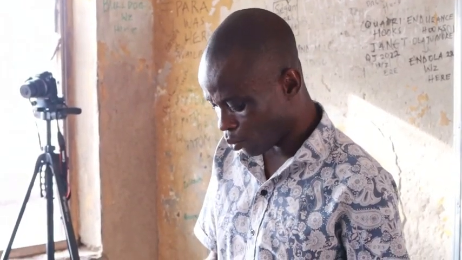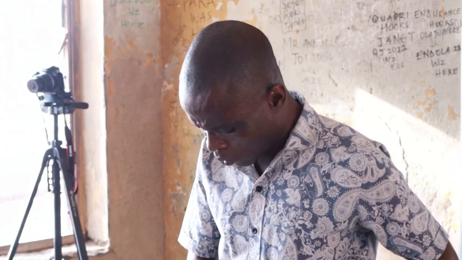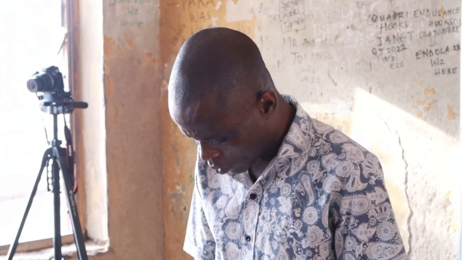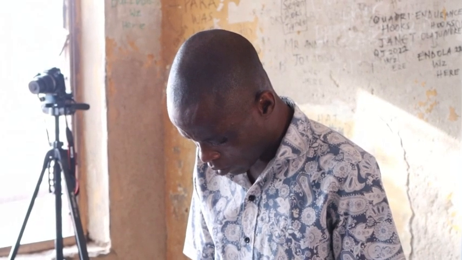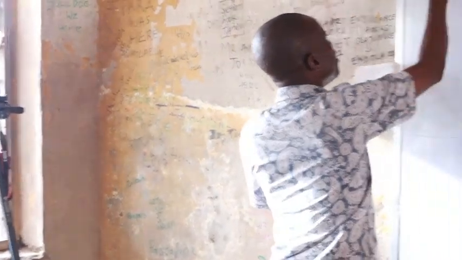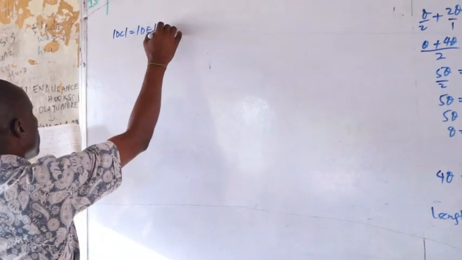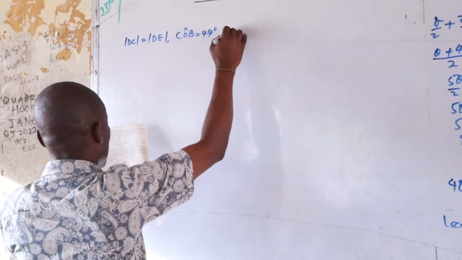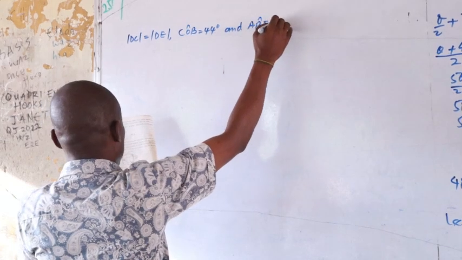In the diagram below, O is the center of circle ABCDE, DC is equal to DE, angle COB equals 44, and angle ABE equals 59.